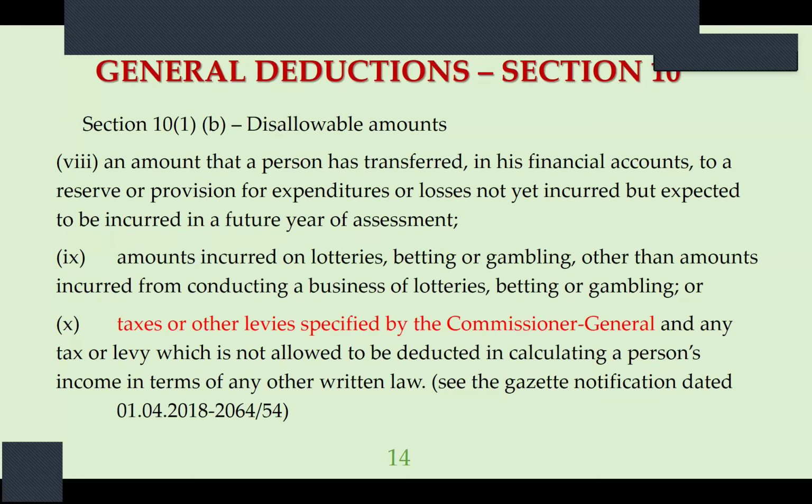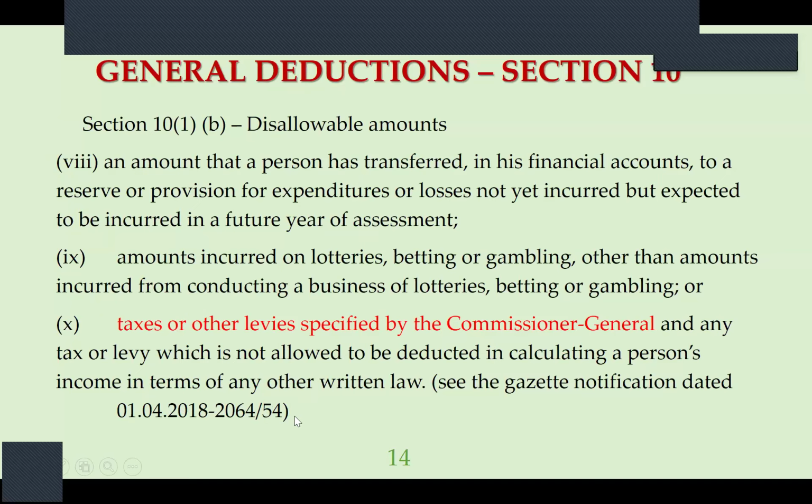Specifying by the Commissioner General means the Commissioner General should issue a gazette notification for that item. For this item we have already issued a gazette notification, and in that gazette notification we have mentioned what taxes or levies are not allowable as a deduction.